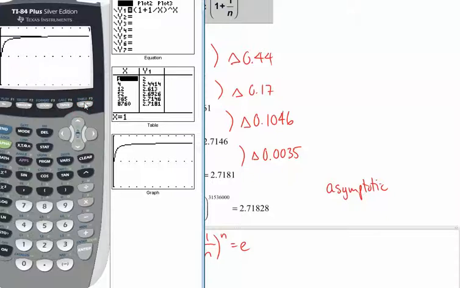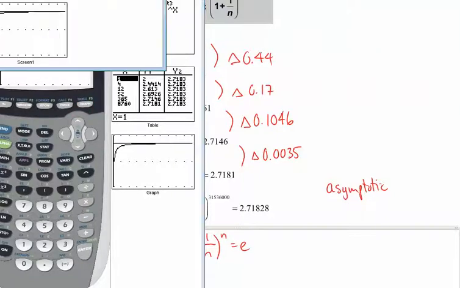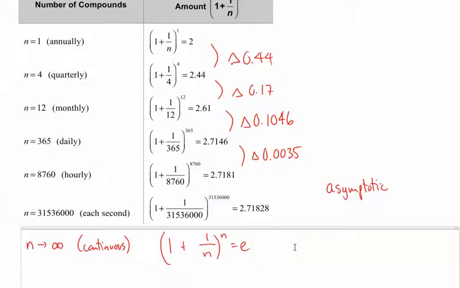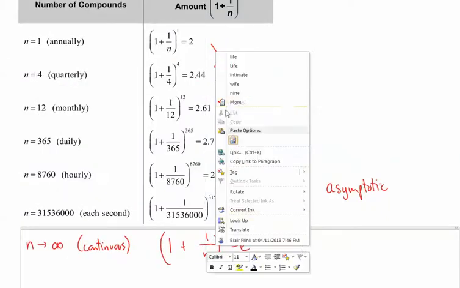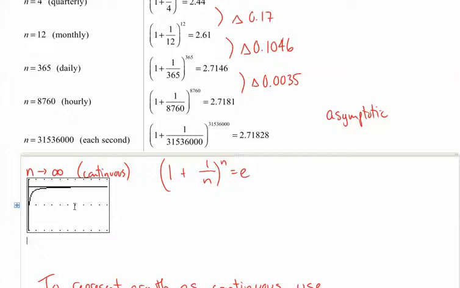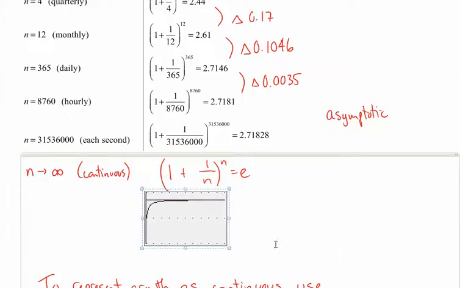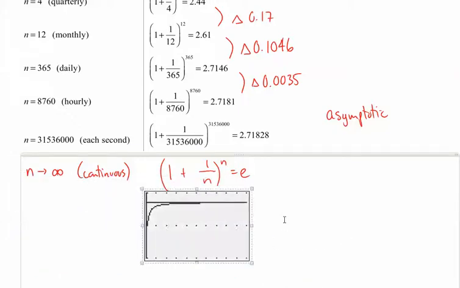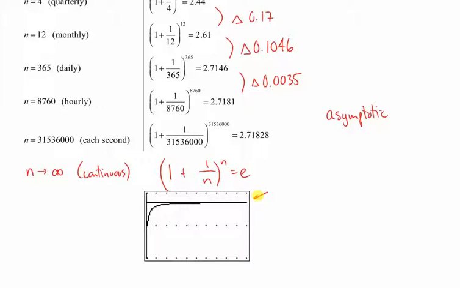And let's look. Aha! Asymptotic at that place, right? So, let's capture that and add it to our notes here. Make it a little bit bigger. This is y equals e. And I'm going to write asymptotic down here.